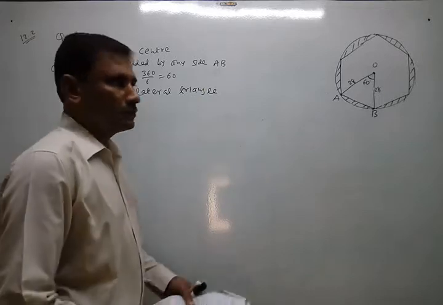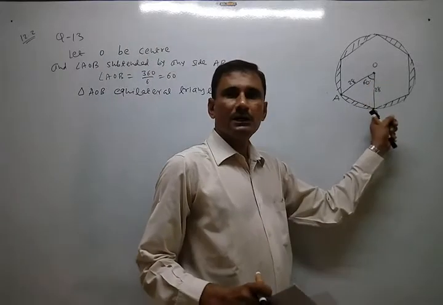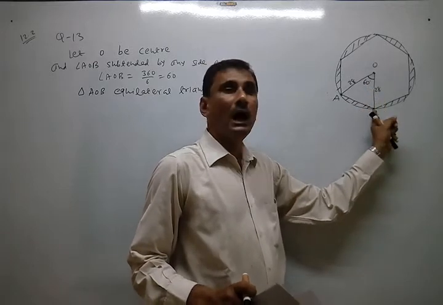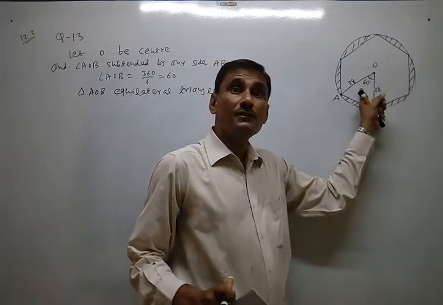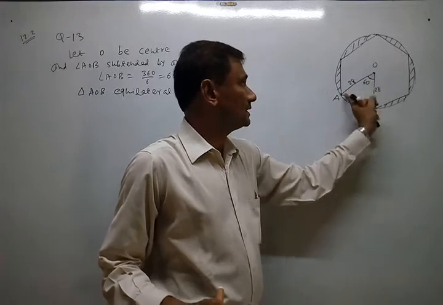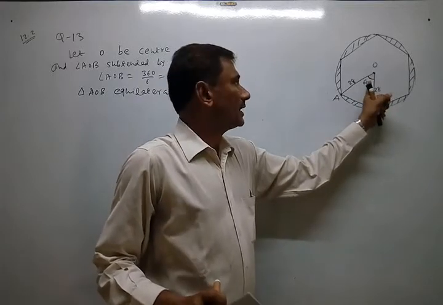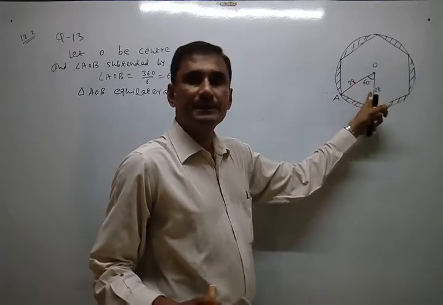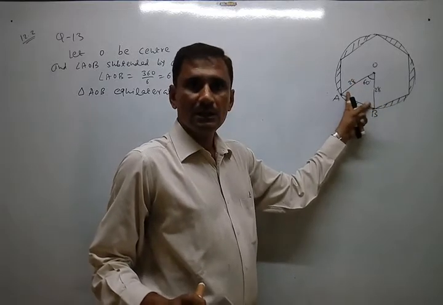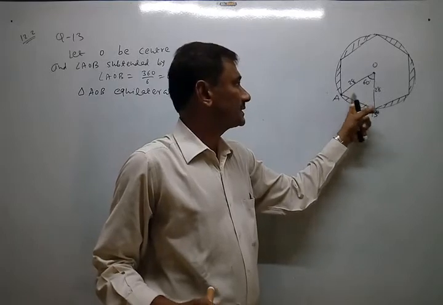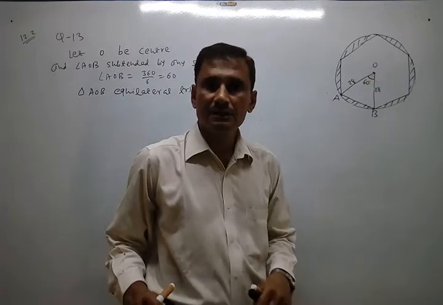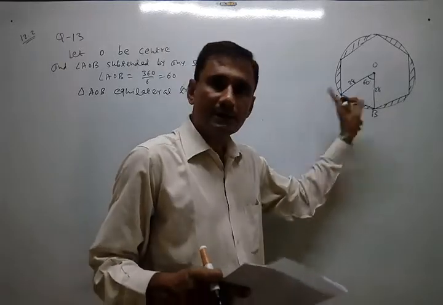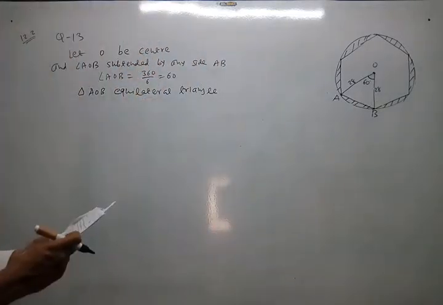Because earlier I told you that whenever the angle is 60 in a circle made by any arc or chord, it is always an equilateral triangle. Why? Because total is 180, you know, so left are 120. But two sides are equal, both are radius, so two angles are equal. So left 120, half, so 60, and already 60 is given. So all angles are equal means all sides are equal, so it is an equilateral triangle.